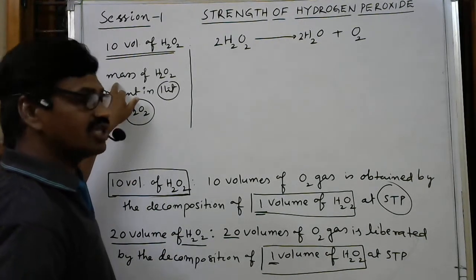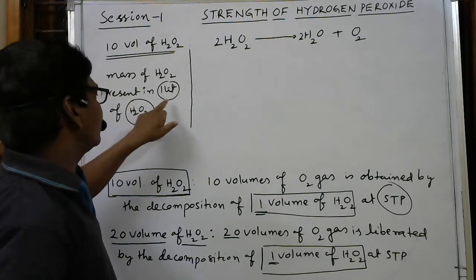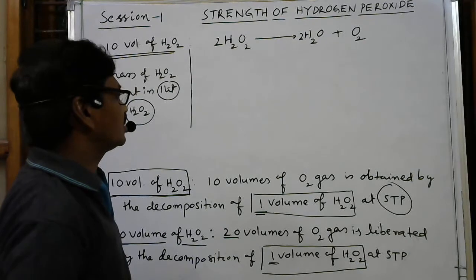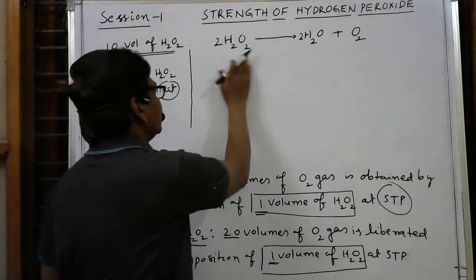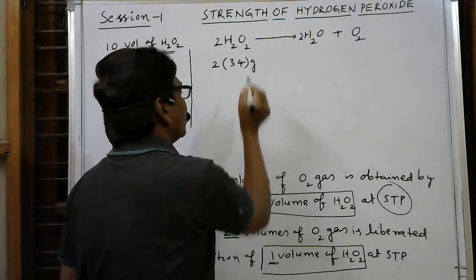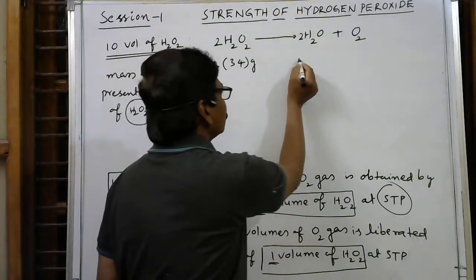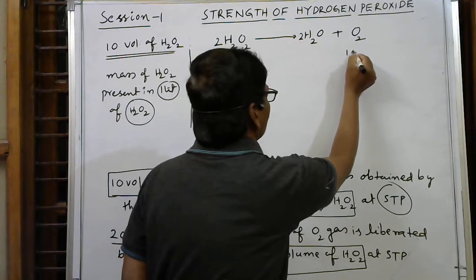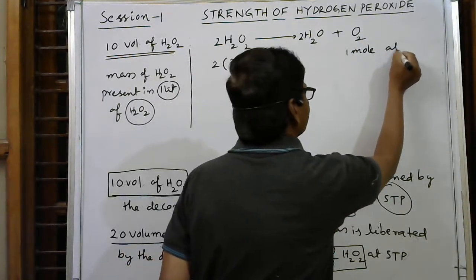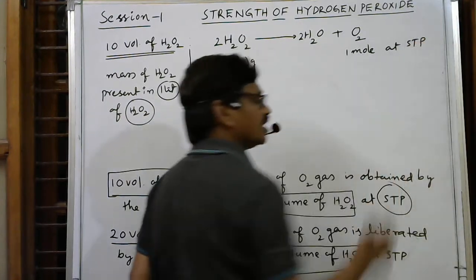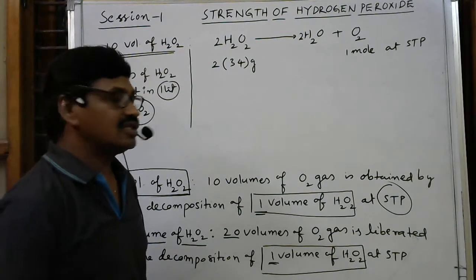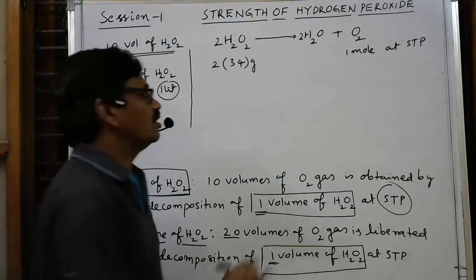Having found the mass of hydrogen peroxide, now we have to consider the volume of oxygen gas. So here 2 into 34 grams of hydrogen peroxide, when it decomposes, can produce 1 mole of oxygen gas at STP. 1 mole of oxygen gas at STP is nothing but 22.4 liters.